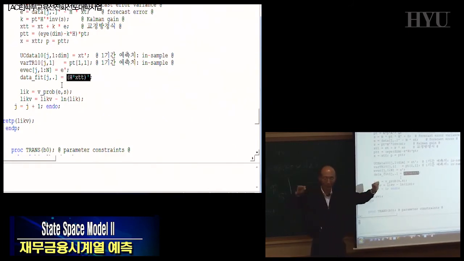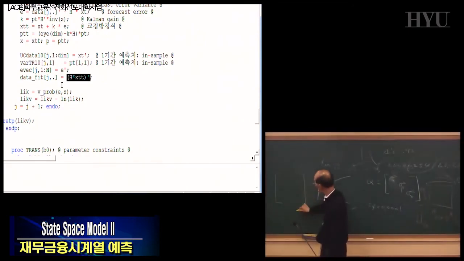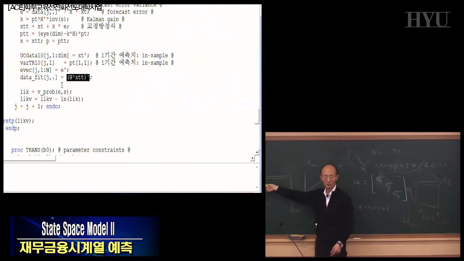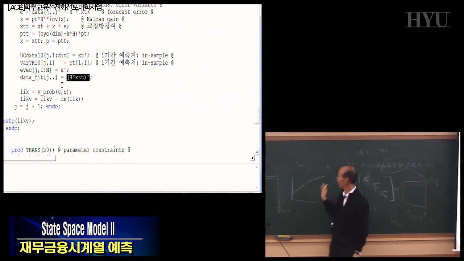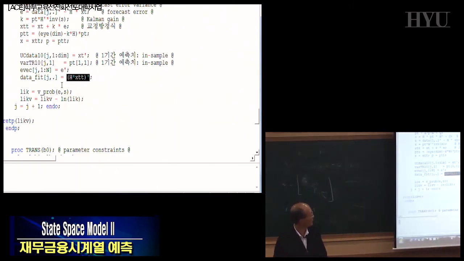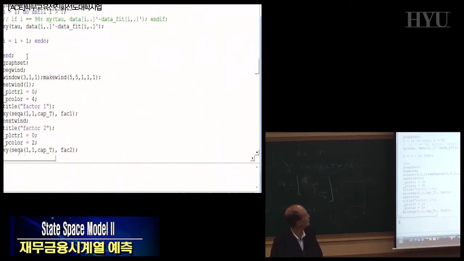So I create data fit in this way, 99 by 12. The first fitted value is copied right there. The second iteration, copied another one. And then historical data is plotted, and t is running, right? So that's what you see from here.